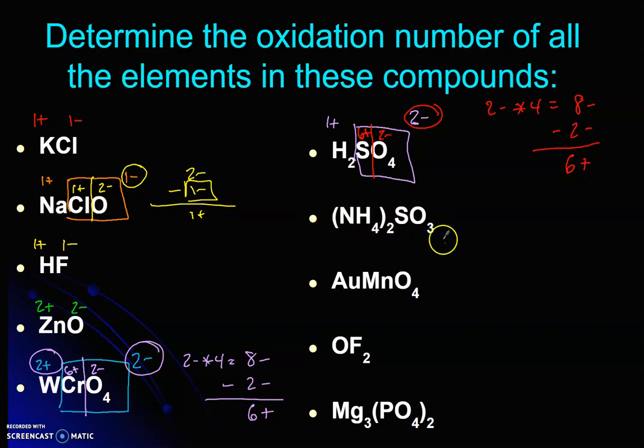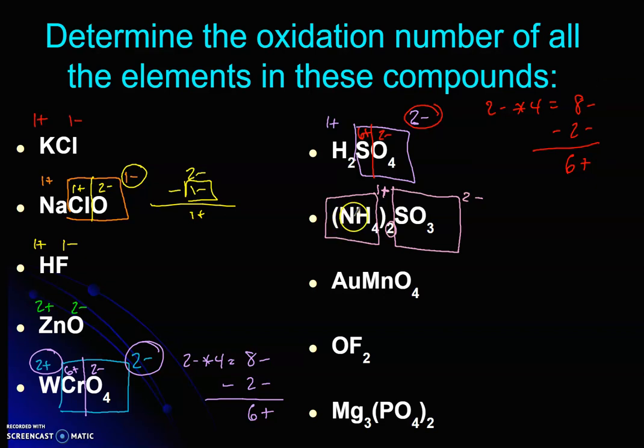(NH4)2SO3. This is ammonium sulfite. Okay? So sulfite has a 2 minus charge. Ammonium has a 1 plus charge. That's why there are 2 of them to cancel out the sulfite. Again, you need to know your ions. So what is our charge going to be for ammonium?